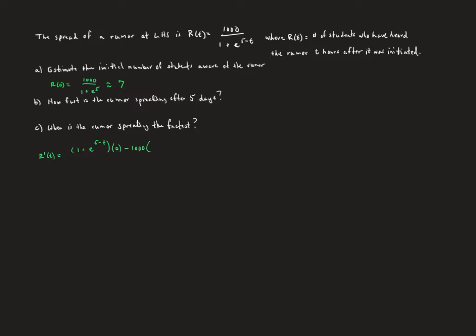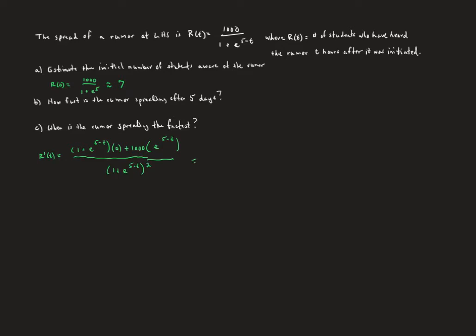And the derivative of the denominator is going to be that same e^(5 - t), then times the derivative of the 5 - t, which is going to make that a -1, which will make that be a plus. And then we're going to get this (1 + e^(5 - t)) whole thing squared.